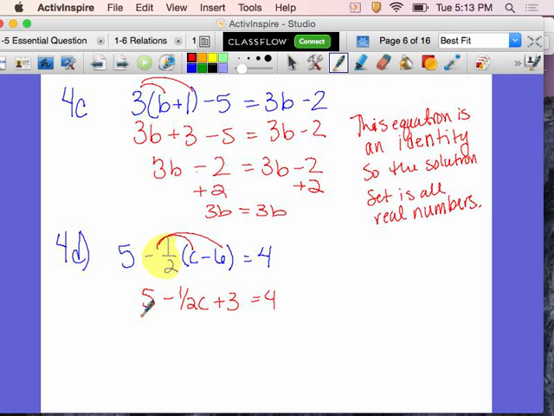And then I can combine like terms, so this is 8 minus half c equals 4. Subtract 8. I have negative 1 half c equaling negative 4. Multiply by the reciprocal. And you get c is positive 8.